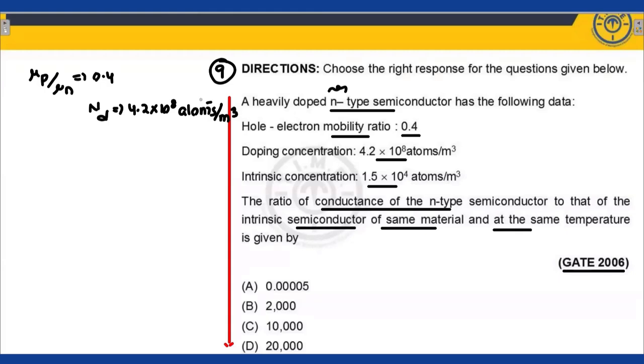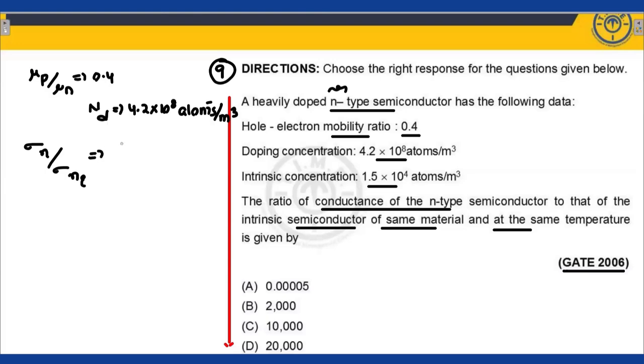Now he is asking the conductivity of n-type to that of intrinsic. The formula, please go for the previous notes, my dear friends.